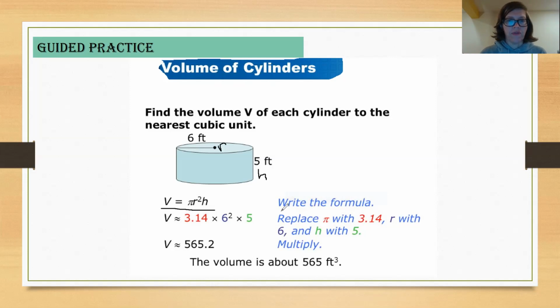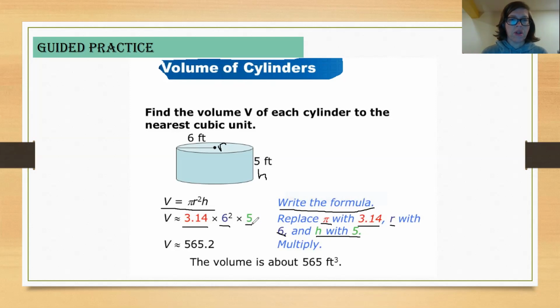So write the formula, your first step, and then you're going to replace pi with 3.14. You're going to replace r with 6 because 6 is the radius, so 6 squared. And then you're going to replace the height with 5 because the height is 5 feet.